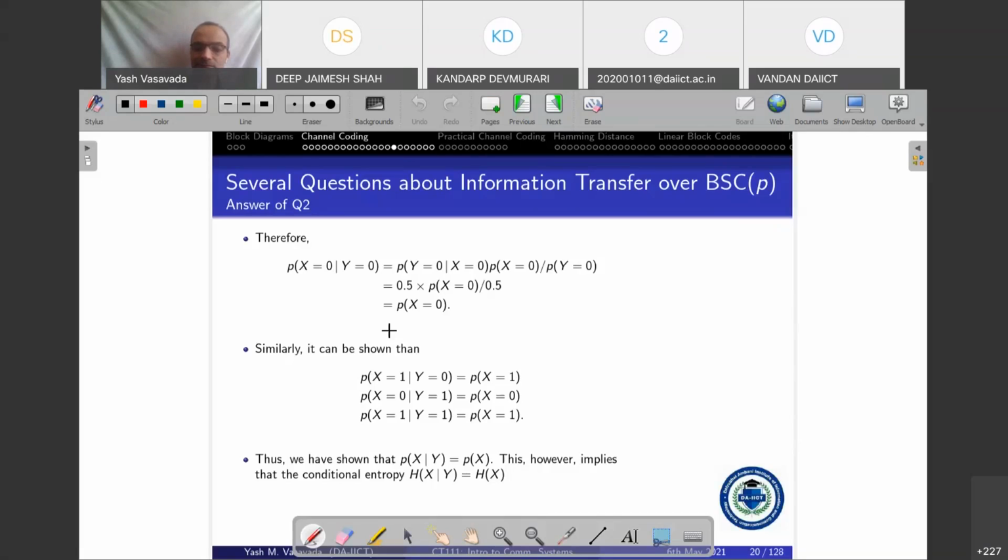Becomes 0. Because it's the difference between the two. If both are the same, then the difference becomes 0. And therefore, we can't get any bits through. So the rate of information transfer drops from 1000 bits per second to 0, not when p is equal to 1, but when p is equal to 50%.